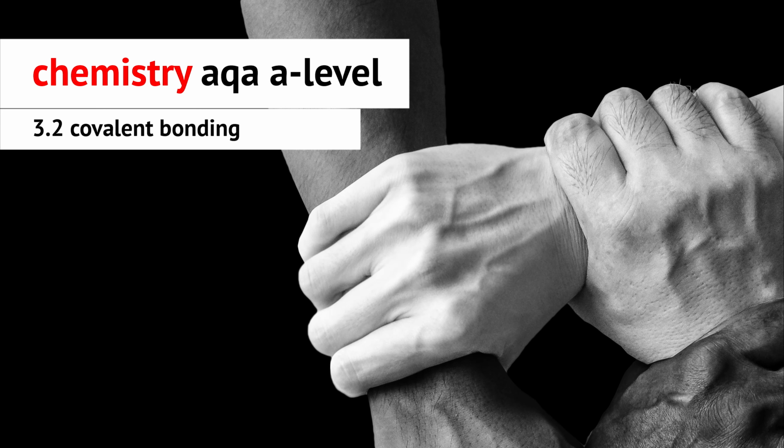In a coordinate or dative covalent bond, the atom that accepts the electron pair is an atom that does not have a filled outer main level of electrons. The atom is electron deficient. The atom that is donating the electrons has a pair of electrons that is not being used in a bond, called a lone pair. For example, ammonia, NH3, has a lone pair of electrons.